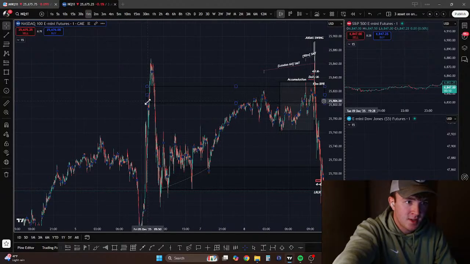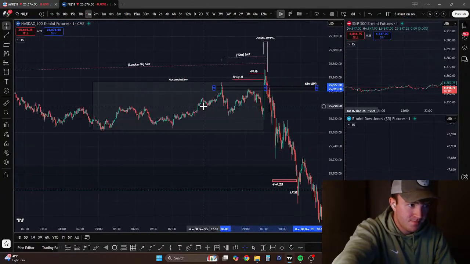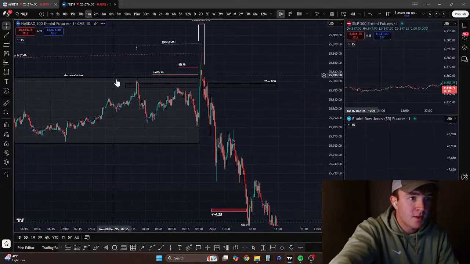So let's actually take this and use it to mark the pin bar.